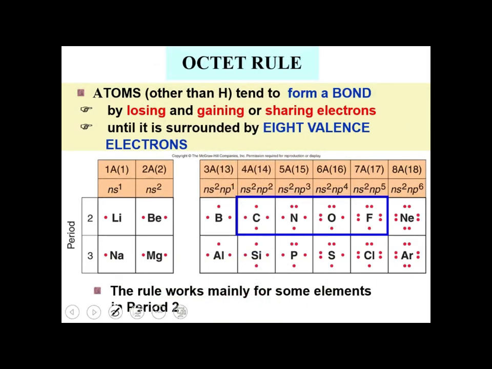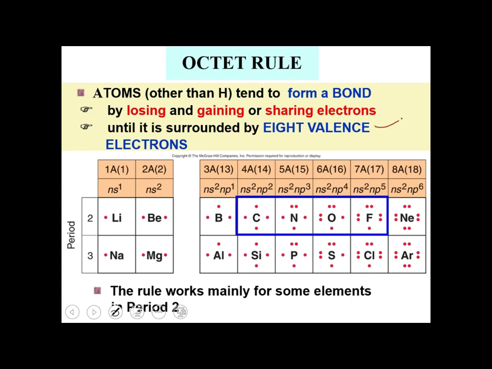Octet rule. Okay, octet, you know octet means 8, number 8. Rule is rule. So this is the 8 rule. Atoms other than hydrogen will tend to form a bond by losing or gaining or sharing of electrons. Why do they lose, why do they gain, why do they share?